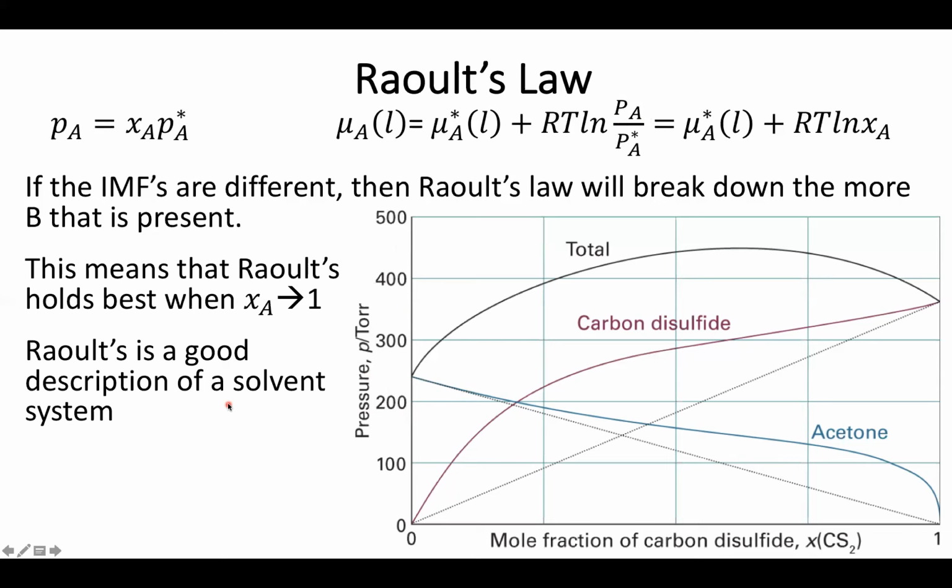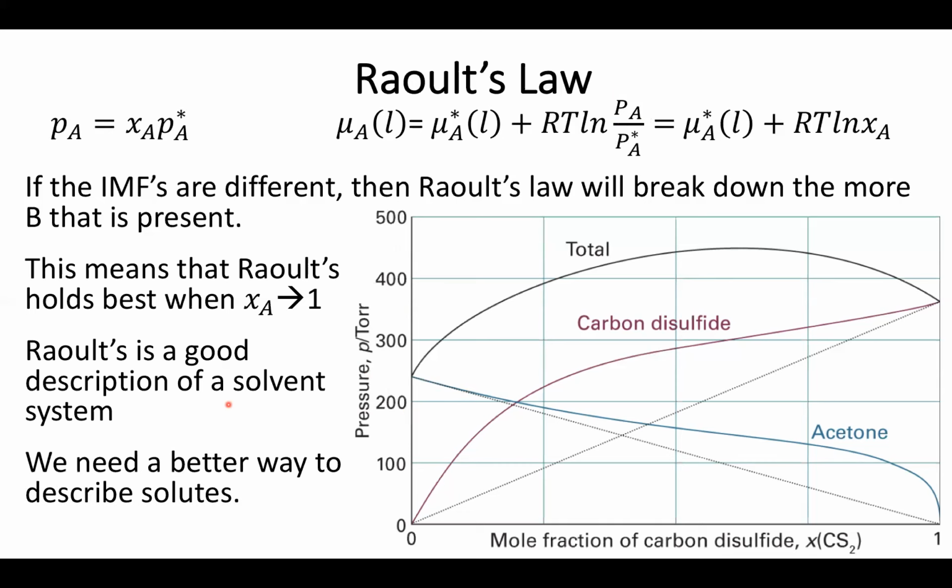And so Raoult's is a very good description for solvent systems, but it's going to break down pretty hard for solutes. Because by the time you're a solute, you have no IMFs that look like yourself. You're interacting with somebody who's different. So you may end up wanting to get out of town or hang around. It really depends on the scenario.